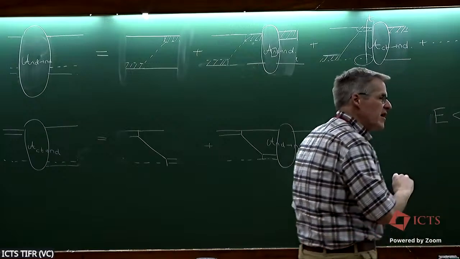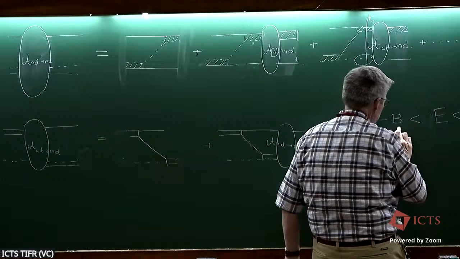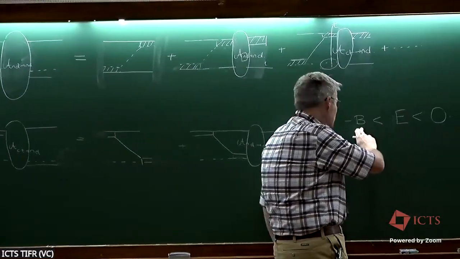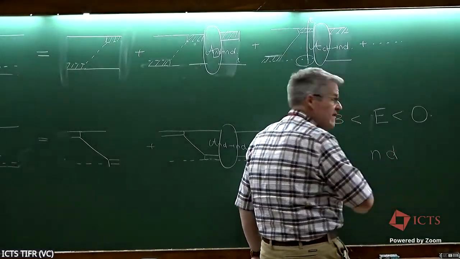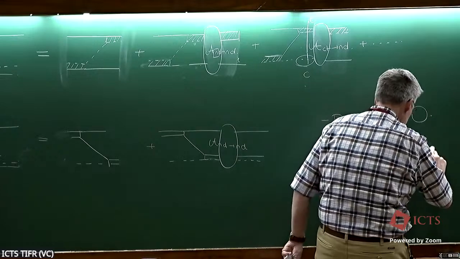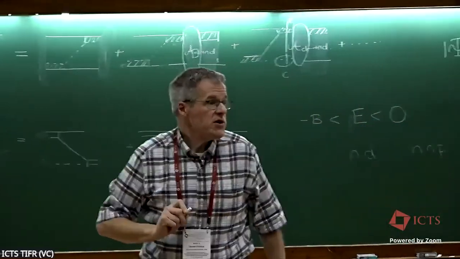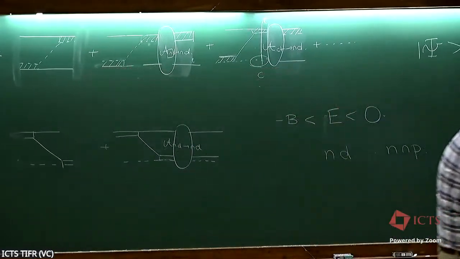So scattering is still possible here because if I work in this regime, where B is the binding energy of the deuteron, then this kind of scattering is still accessible, but I don't have enough energy to have three free particles. But the equations that I'm going to write down actually apply above E equals 0.